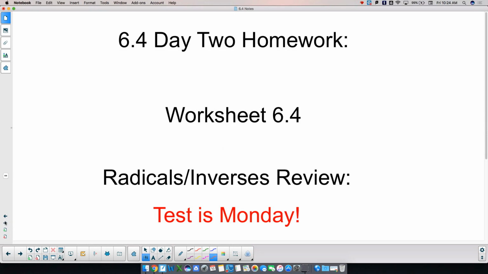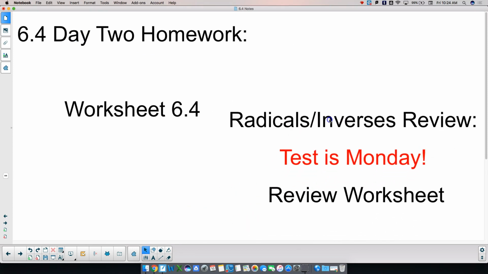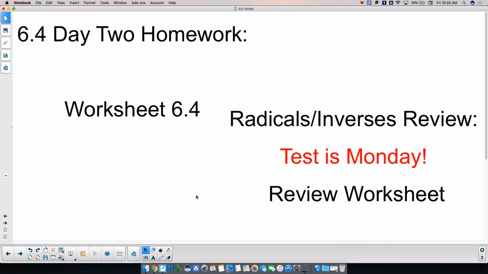So, today, I've got 2 homeworks for you, because the test is on Monday. Okay? So I've got a white 6.4 worksheet for you today. I'll pass these out momentarily.